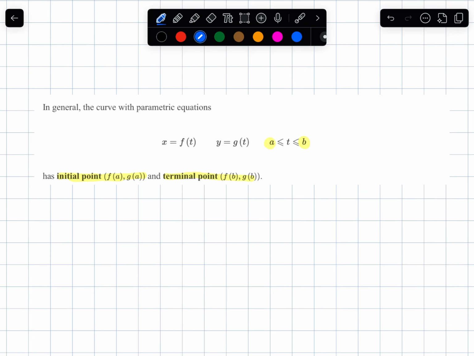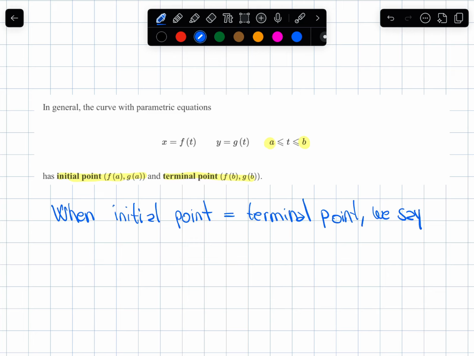Now, a couple of pieces of information that are helpful is that whenever the initial and terminal points are the same, we give the curve a name. We say that the curve is closed. For obvious reasons.